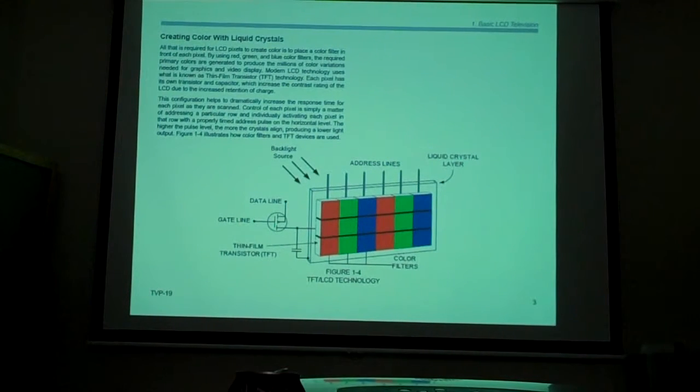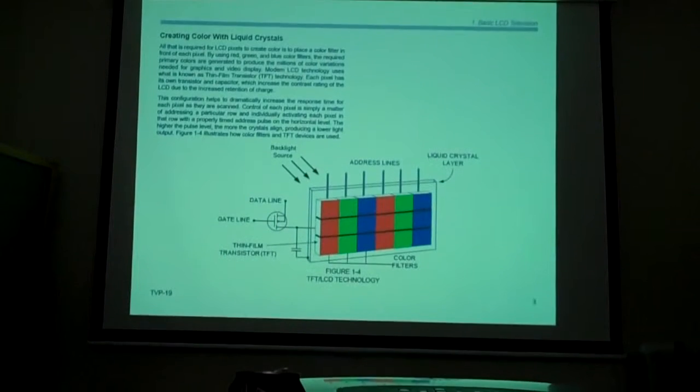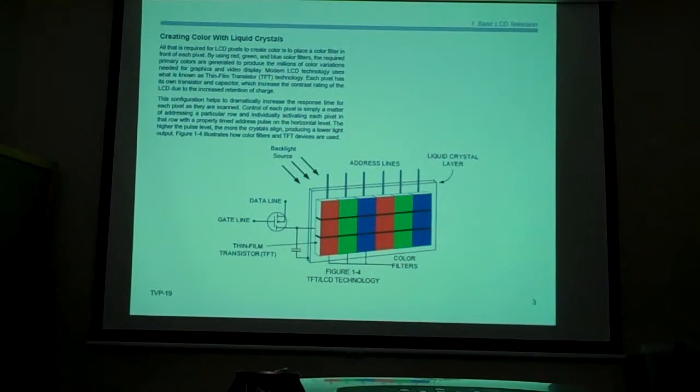And the thing that's interesting is your backlight source has got to be some kind of a white light in this case. And this light gets passed through our LCD material and the polarizing filters, and then gets tinted red, green, or blue according to the filter that's applied.